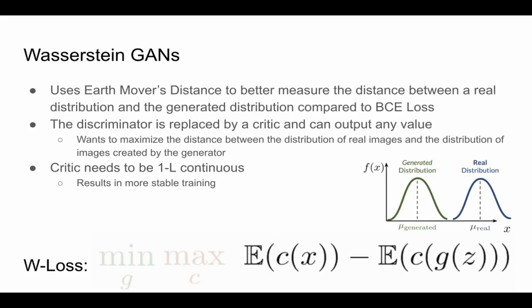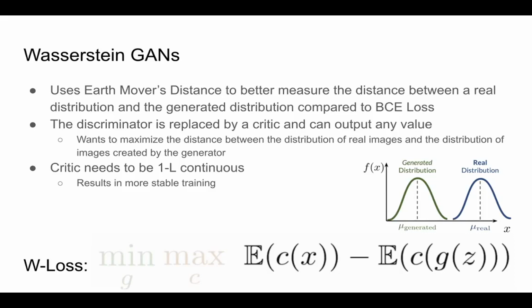This leads to the first major change to the GAN architecture: the Wasserstein GAN doesn't use a discriminator, but rather it uses a critic network. Unlike the discriminator, which outputs a probability of an image being real, the critic outputs any continuous real value, which is interpreted as how real any image is.